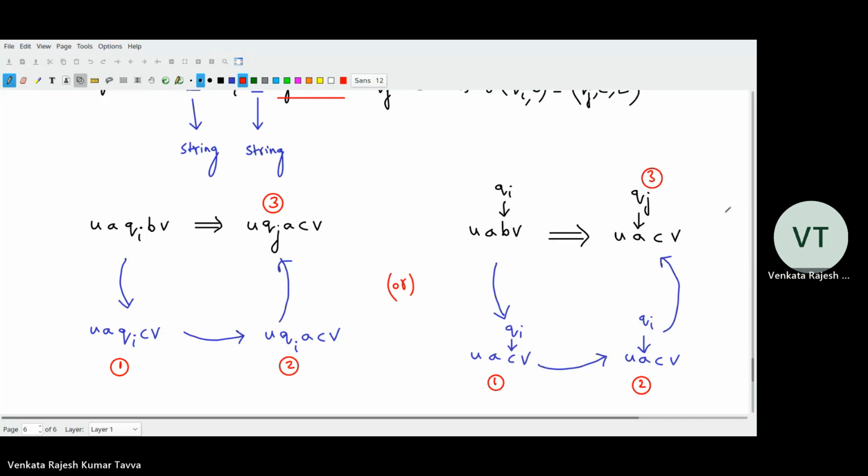Let me color them differently to understand the difference in arrows.